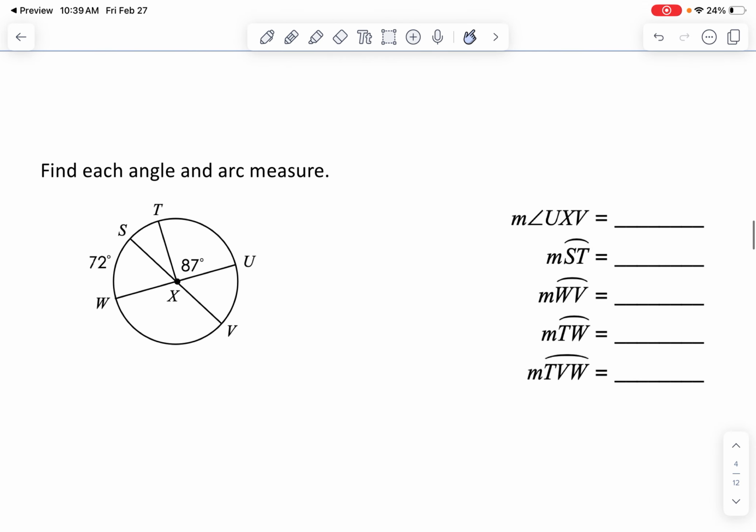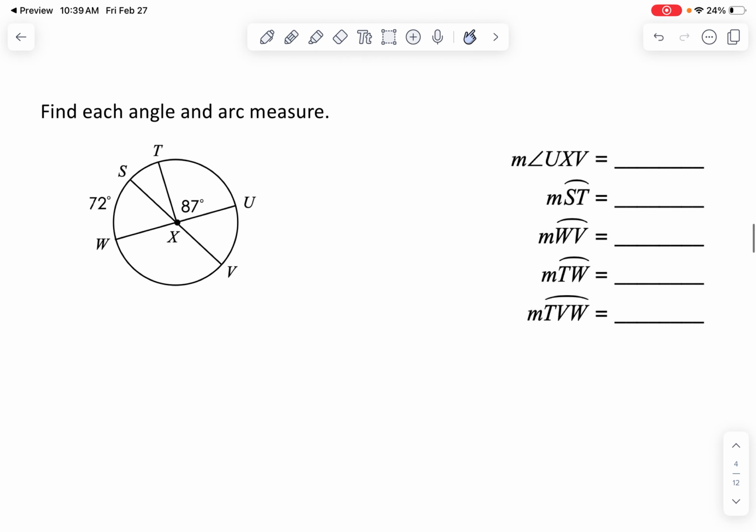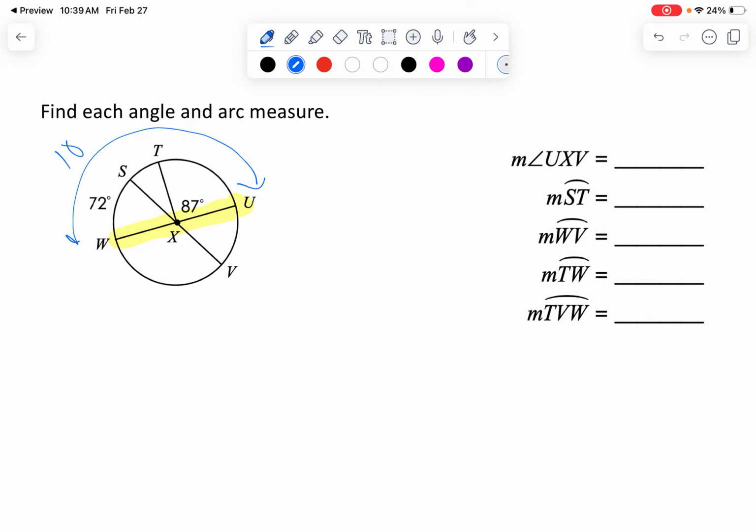All right, so given all that information, we're just going to apply that to this problem right here. It says find each angle and arc measure, and on the right you've got 5 things that we need to find. Well, I notice that this line right here is a diameter, and it cuts the angle in half. So when you see that, you should think, from here to here is 180 degrees, and same thing this way.